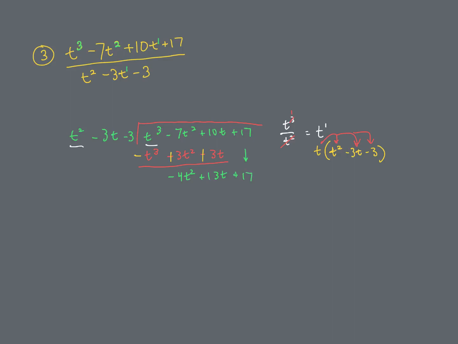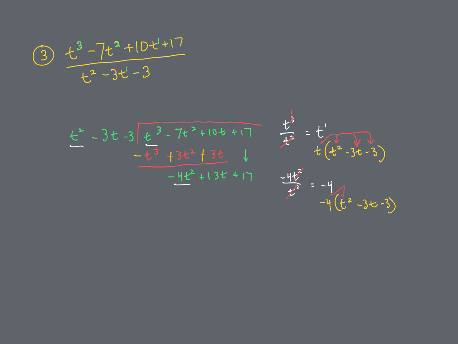Okay, bring down that 17. And we're going to divide again, negative 4t squared and t squared. So the t squareds cancel, and we're left with negative 4. I'm going to multiply that by the t squared minus 3t minus 3.